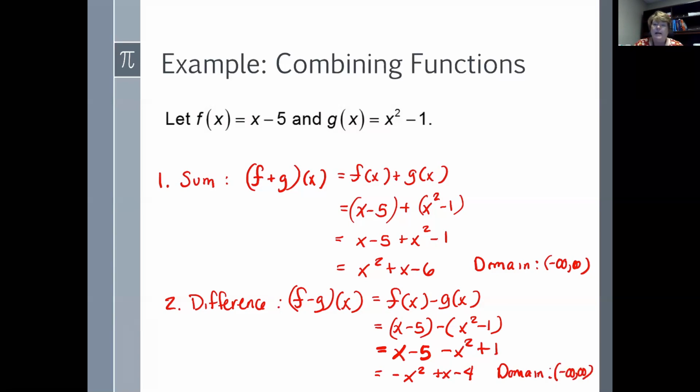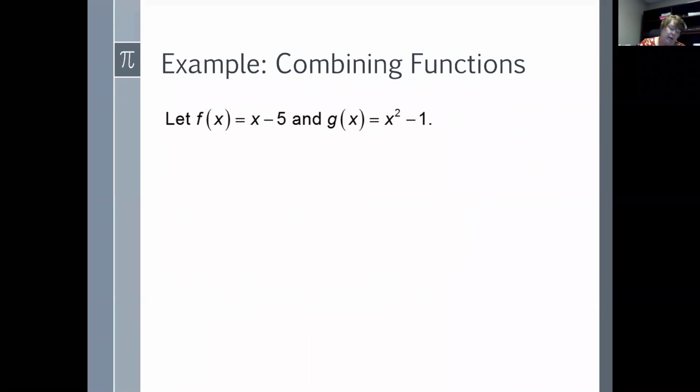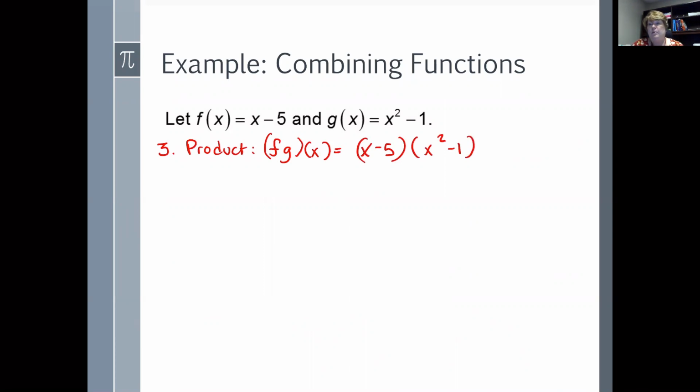All right. Now let's see if we can find the product and the quotient function. So let's find the product, and we denote that as f times g of x. We're going to multiply the two functions together by foiling.